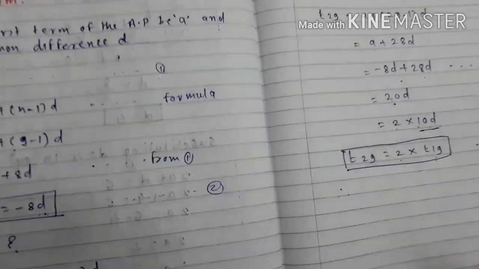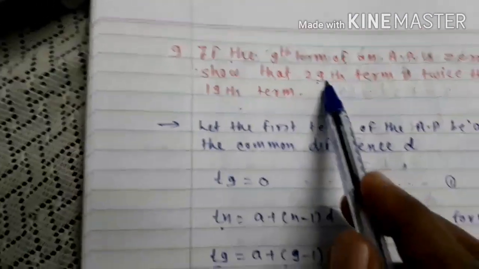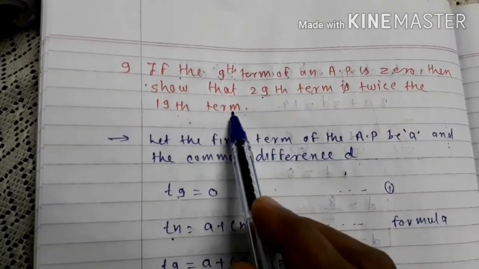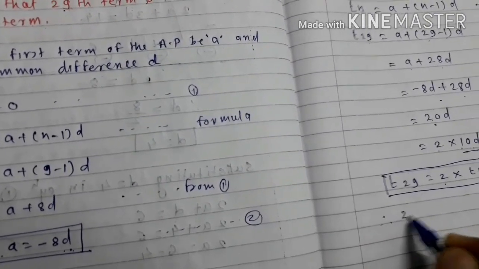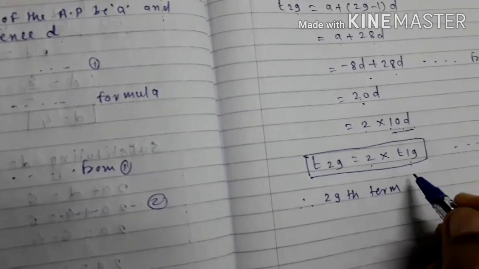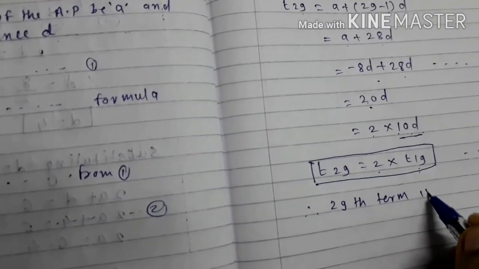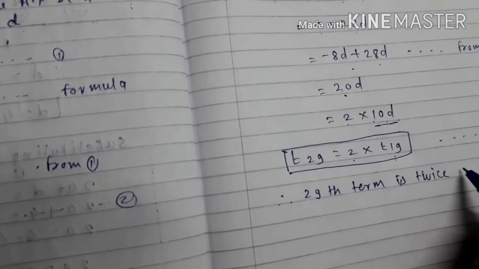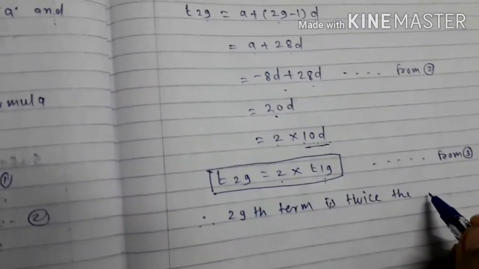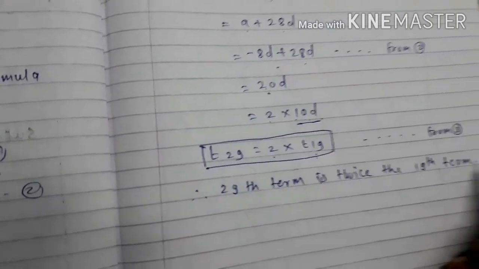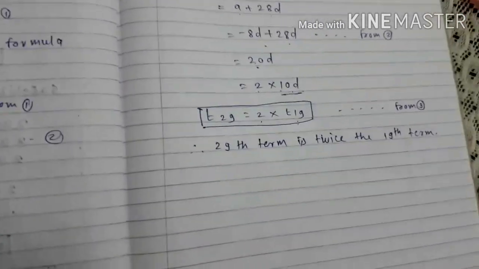That means the 29th term is twice the 19th term. Therefore, the 29th term is twice the 19th term. Got it? Thank you.